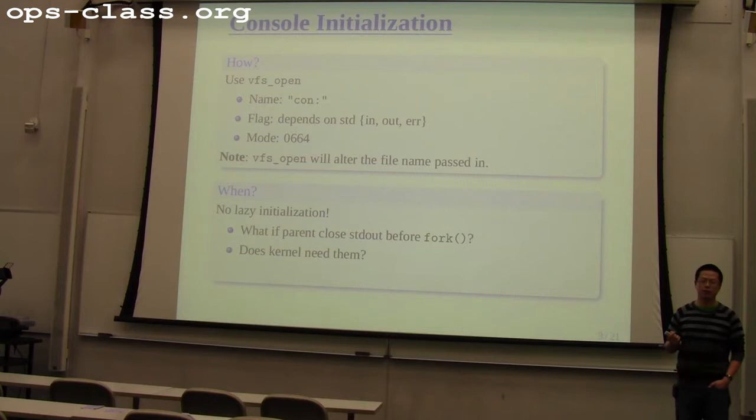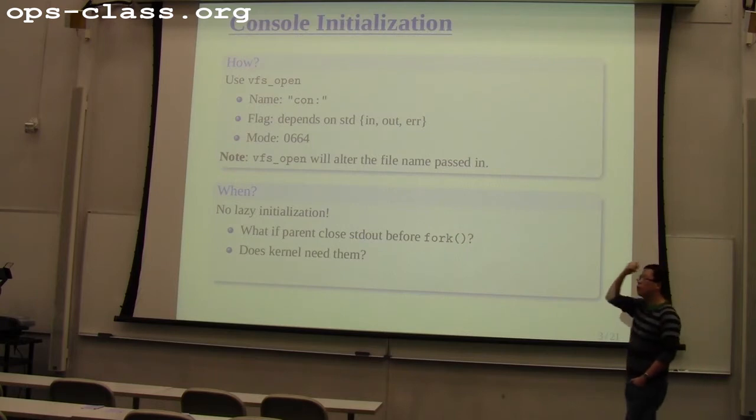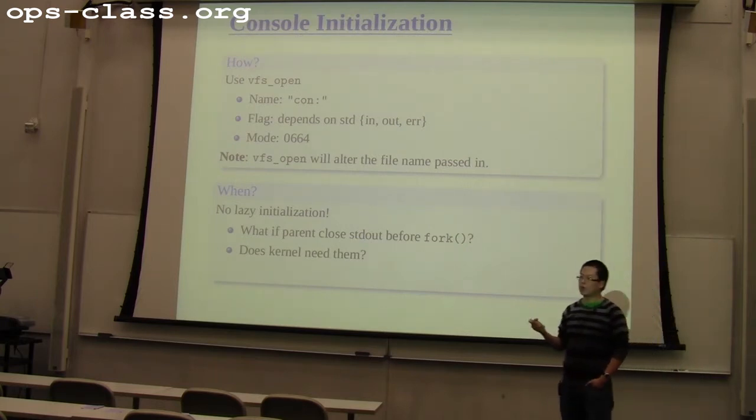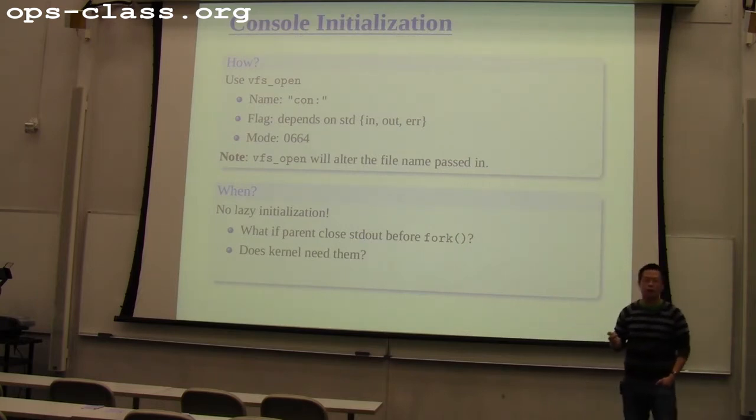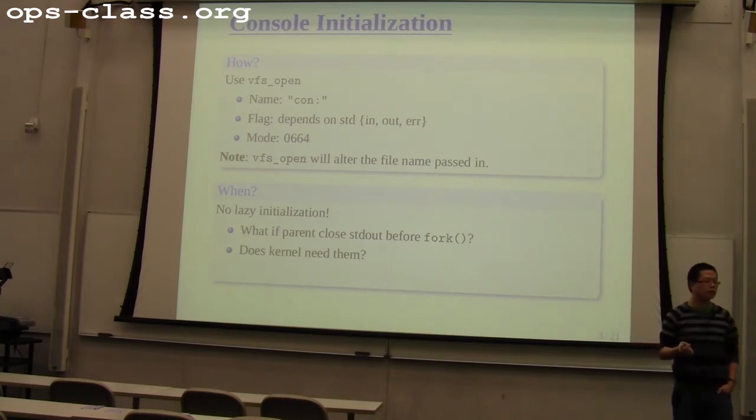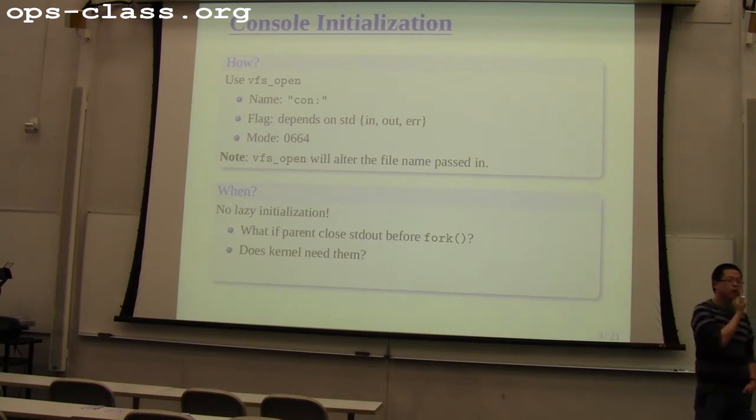Only the user space thread needs that. And where is the first user thread created? When you boot up your kernel and enter the menu, are you in user space or kernel space? Kernel space, right? Because that menu is a kernel space thread.